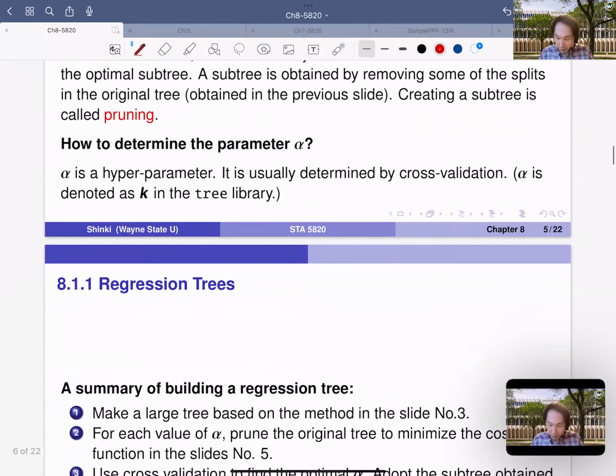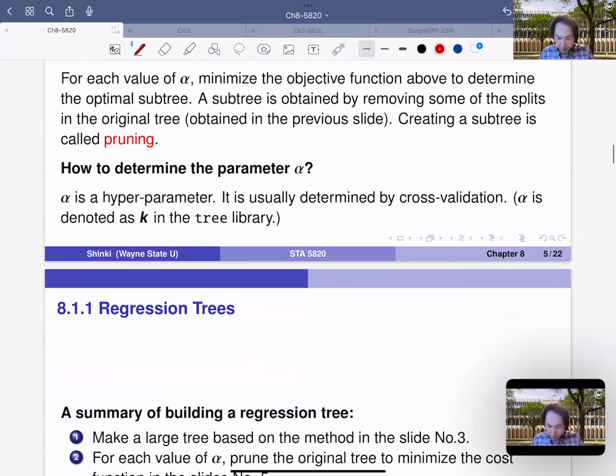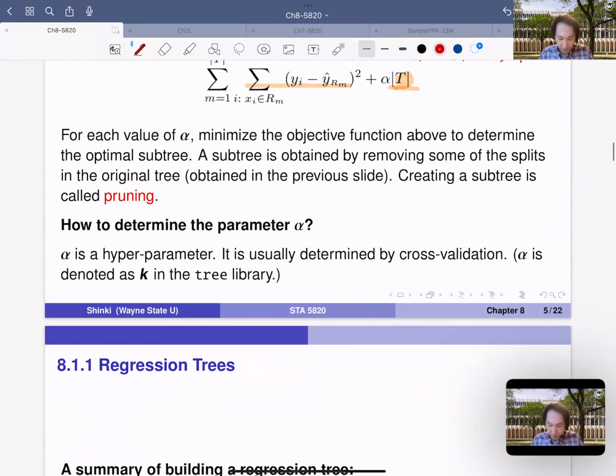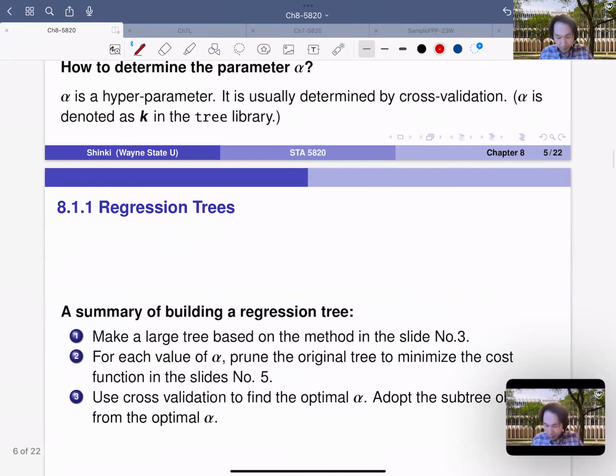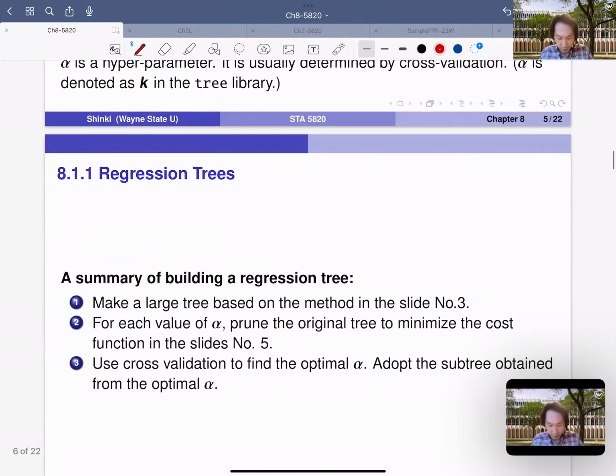So at most we should consider n different values of alpha, and based on those models, we can choose the best alpha based on the cross-validated error.